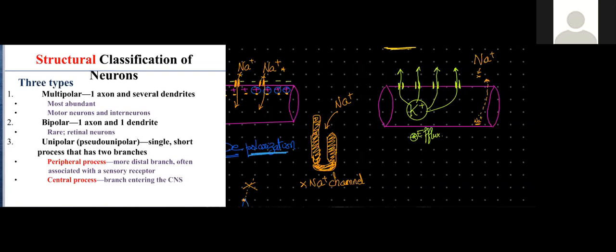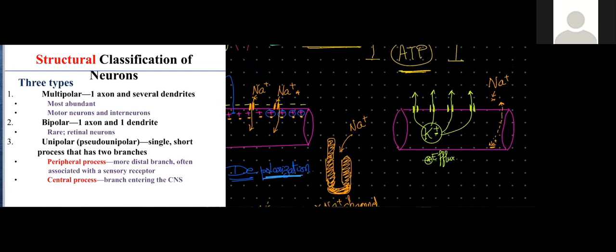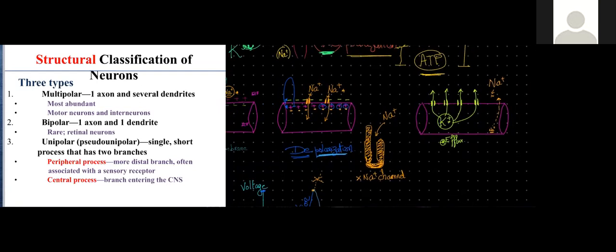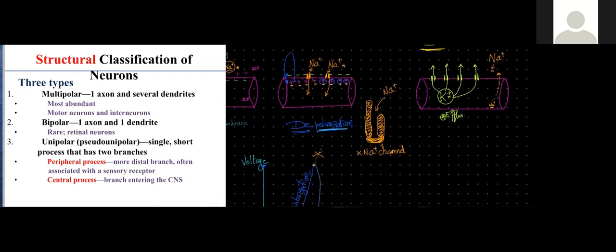So once you lose enough positively charged ions from inside of the cell, what's going to happen to the inside of the cell membrane? Will it become more negative or more positive? What do you think? If I'm losing positively charged ions from inside of the cell, will the cell membrane become more negative or more positively charged? More negative, exactly.